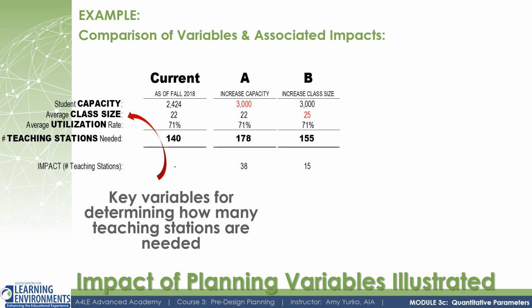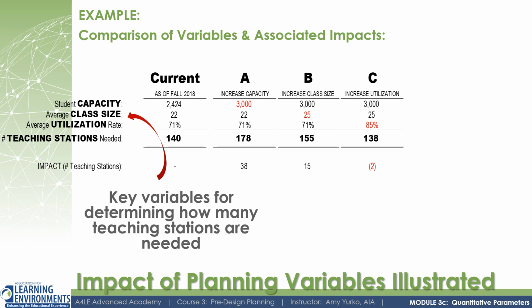So we're getting a little bit closer to meeting their budget. Another scenario we looked at is, again, keeping that 3,000 student capacity goal, maintaining the 25 student per class average, and then also increasing utilization.